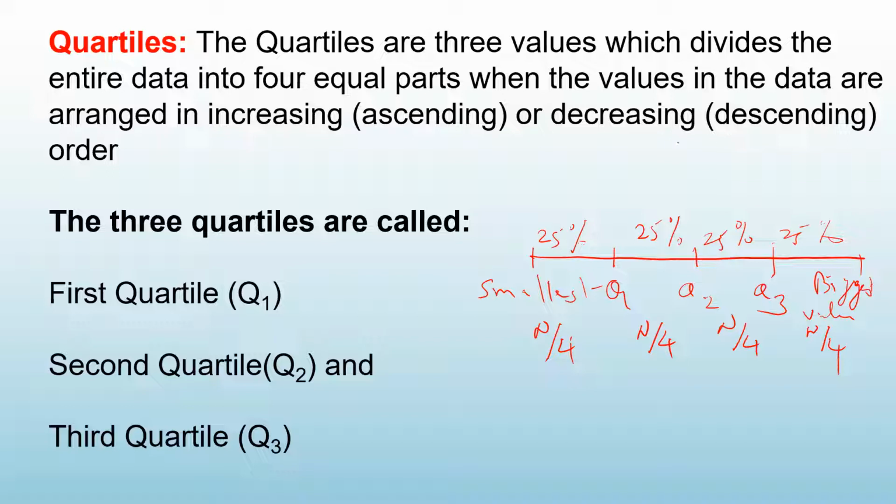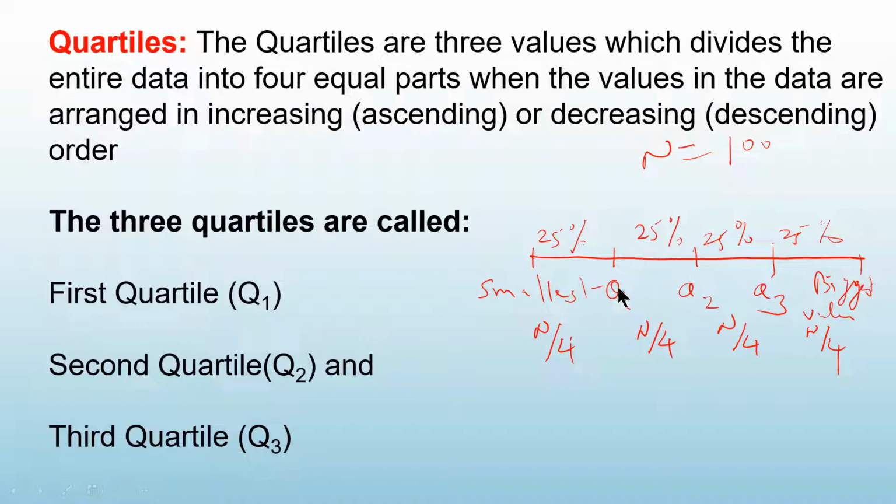For example, if your data has 100 values, say the data of 100 children, then 25 values are between the smallest and Q1, 25 between Q1 and Q2, 25 between Q2 and Q3, and the remaining 25 between Q3 and the biggest one. This picture you should be able to understand.